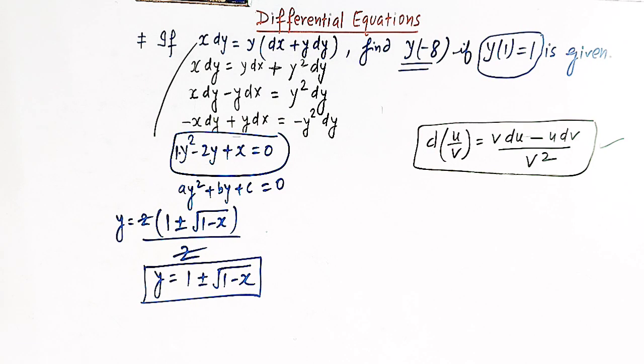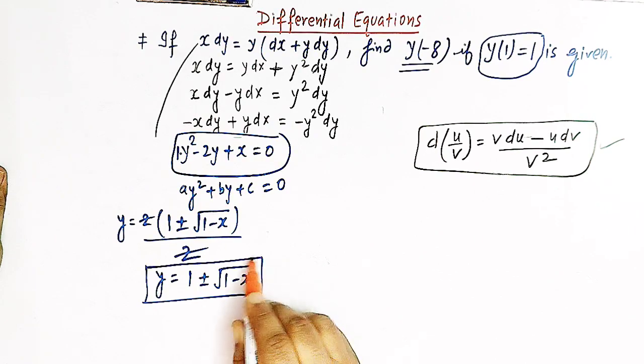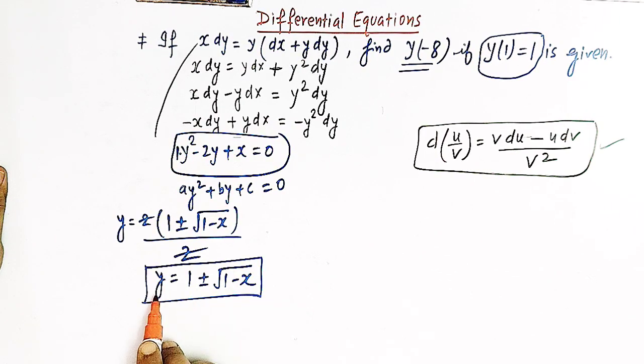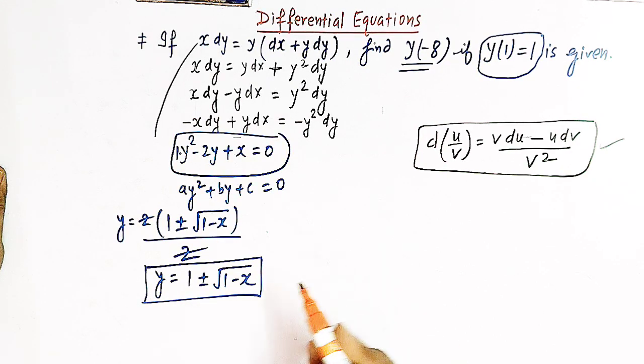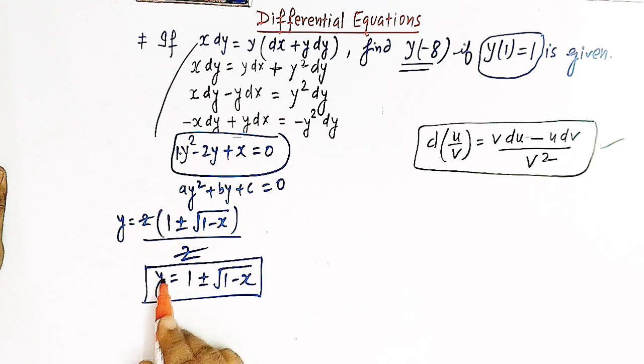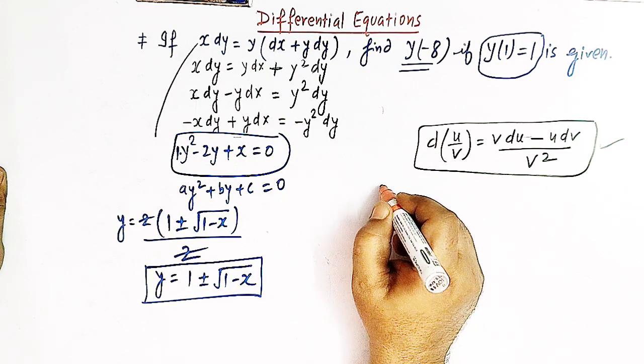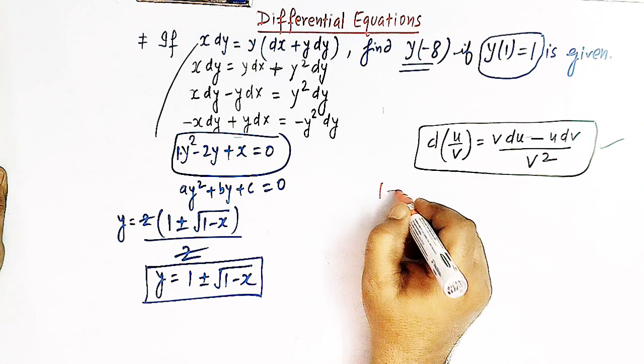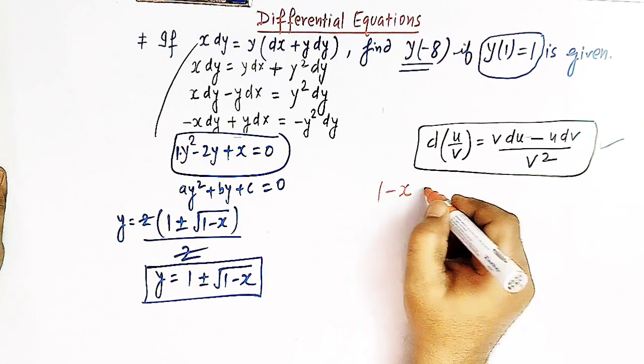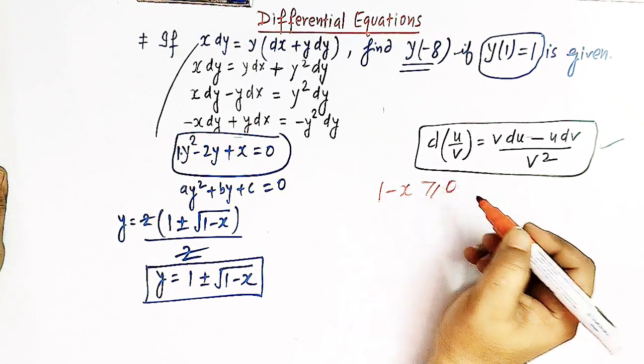Now here there is one important interesting thing, right? Here we have expressed y in terms of x, and we can easily see that the domain of the function y is those values of x which make it defined. So here we have square root of 1 minus x, and this term, 1 minus x, must be greater than or equal to 0.